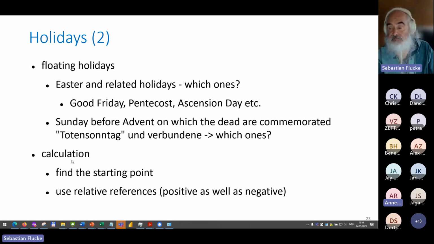The calculation for that is you have to find a starting point and use relative references, positive as well as negative, regarding that starting point if you want to calculate on which date in a given year such floating holidays fall.